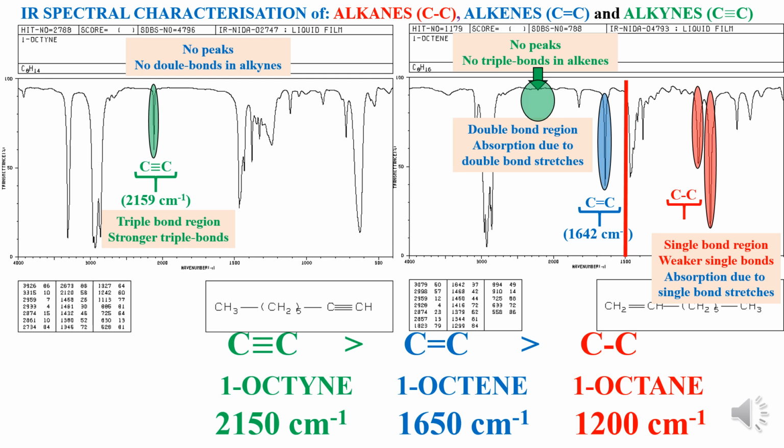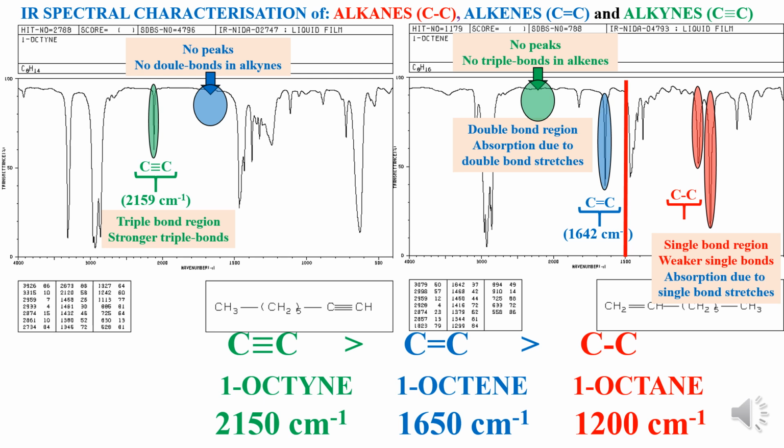And there are no peaks in the double bond region because there are no double bonds in alkynes. And that is why you don't see any peaks in the double bond region. So this is the order of the absorptions for carbon-carbon single bond, carbon-carbon double bond, and carbon-carbon triple bond.